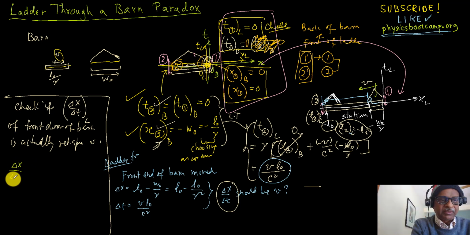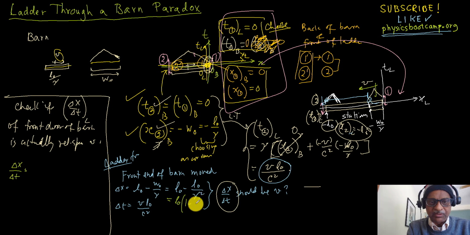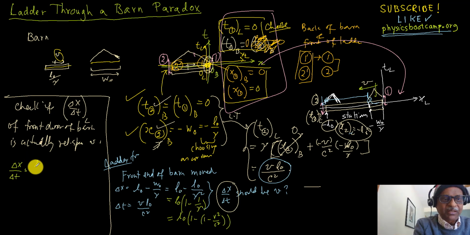Delta X is L0 times 1 minus 1 over gamma squared, so L0 times 1 minus V squared over C squared, because it is the reverse. The 1 cancels out, and so it's L0 V squared over C squared.